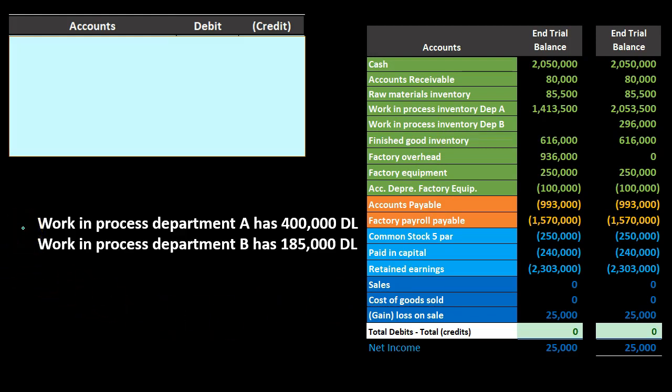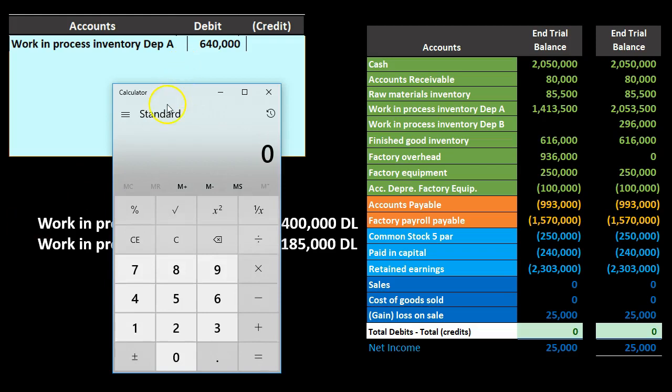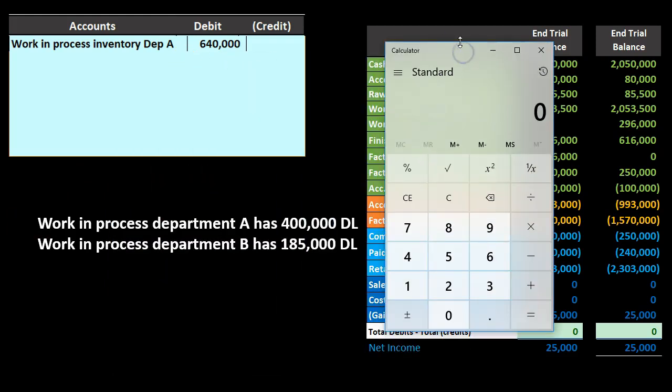Then we can look at our work in process. Department A has 400,000 direct labor, and work in process Department B has 185,000 direct labor, because we can determine the direct labor and we know what that number is. We're going to use that number to apply out the overhead between Department A and Department B. So Department A is going to have 640,000, because we take 400,000 times 1.6.